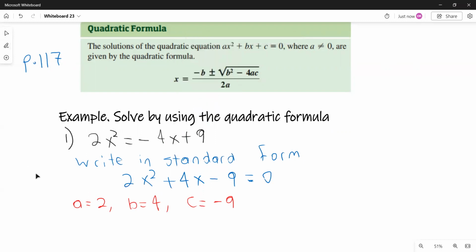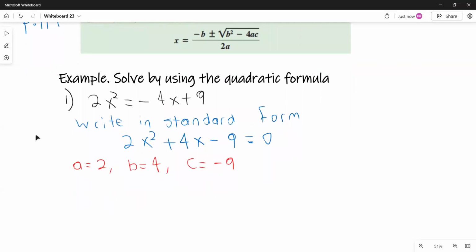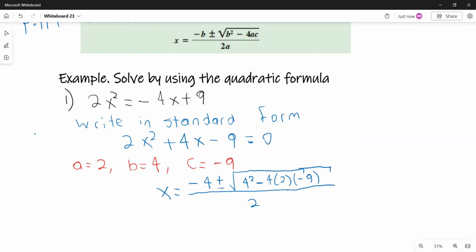Okay, so let's plug this into the quadratic formula. So x is the opposite of 4 plus minus the square root of 4 squared minus 4 times 2 times negative 9, divided by 2 times 2.